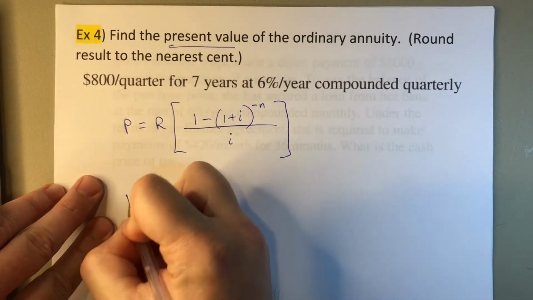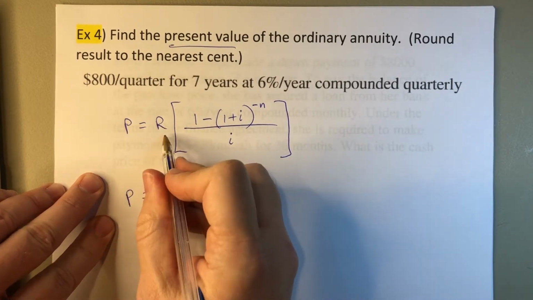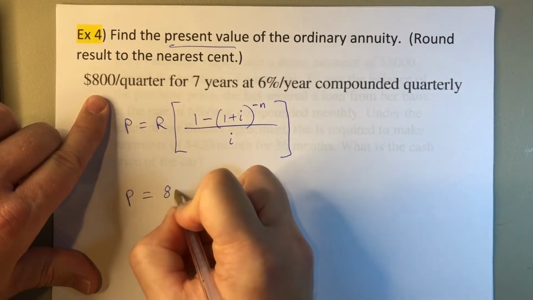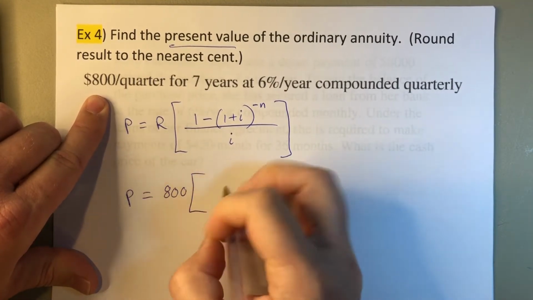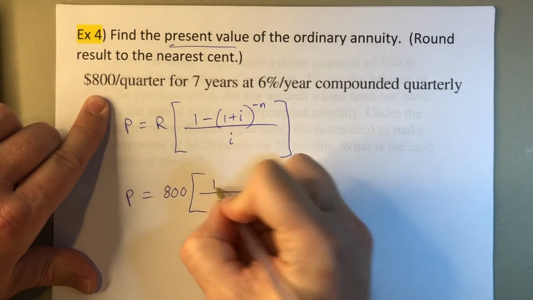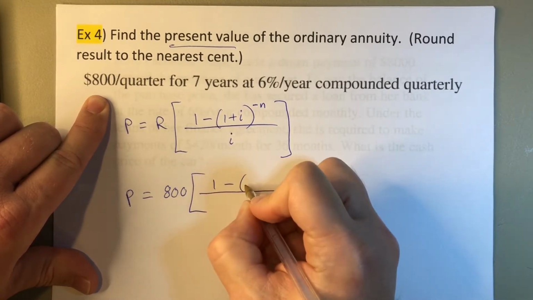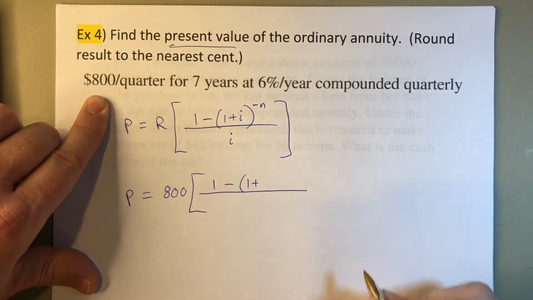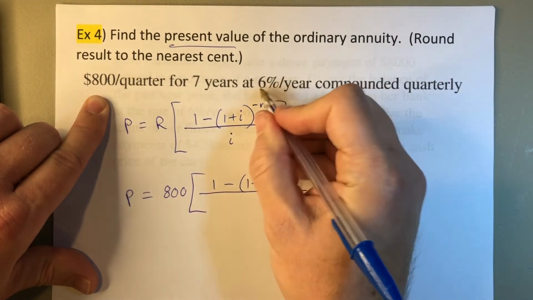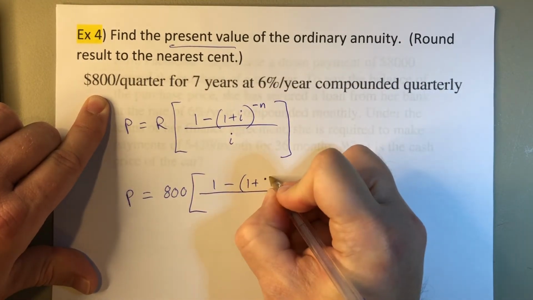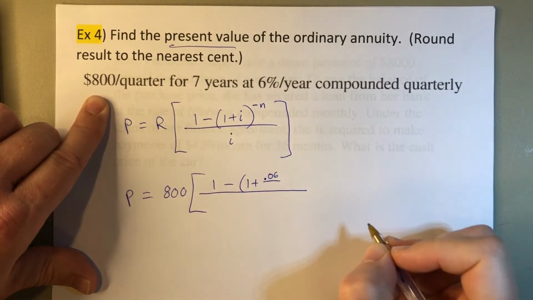So if you're a formula person, you would do what? R is the payment amount, so 800 times the quantity of 1 minus the quantity 1 plus i. In this case, what's r? 6%. So in the formula, you do convert it to a decimal. All over what?